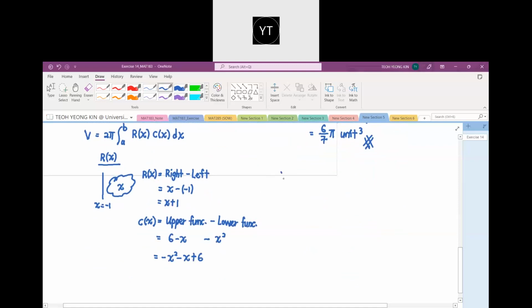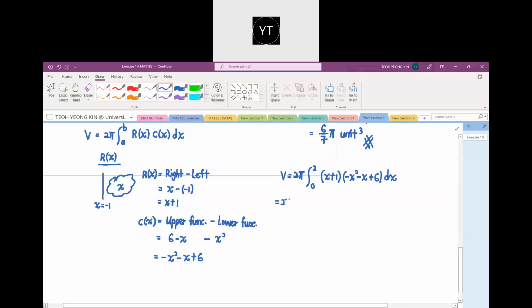So now the volume is equal to 2 pi, integrate from 0 to 2, our R(x) is x plus 1, and our C(x) is negative x squared minus x plus 6. So we try to expand before we integrate.